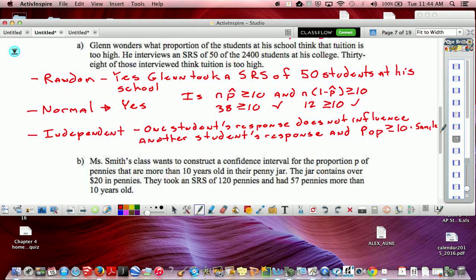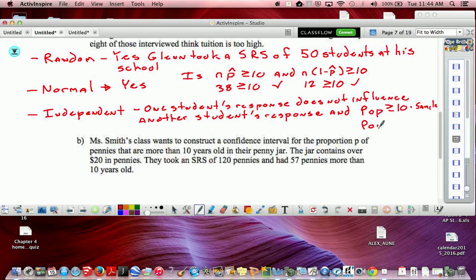Well, what was our sample size? 50. So what's 10 times 50? 500. Is our population of our school greater than 500?